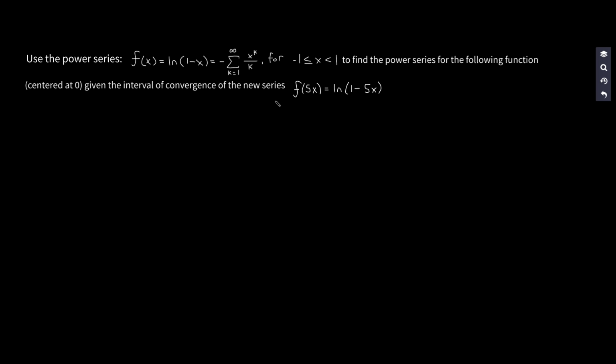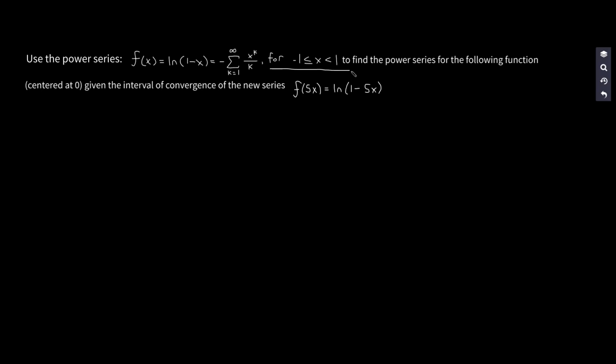In this case, that's f of x, the natural logarithm of 1 minus x, which equals the negative summation from k equaling 1 to infinity of x raised to the power of k over k. And then we're given an interval. This is the rule: this only works if x is between negative 1 and 1.